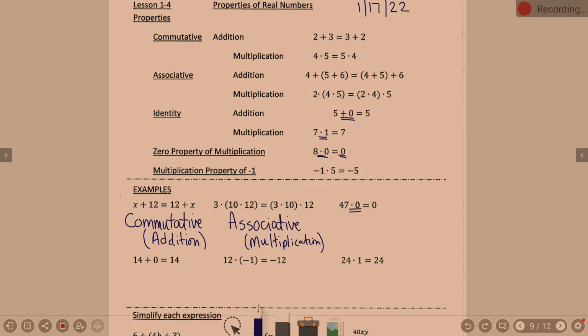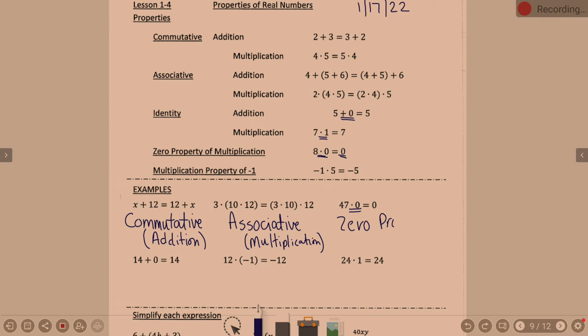Which one talks about multiplying by 0? Addition? No. 0 property of multiplication. There's zeros two places here. The identity property of addition, but are we adding 0 here? No. There's also the 0 property of multiplication, and that's what we're talking about here.